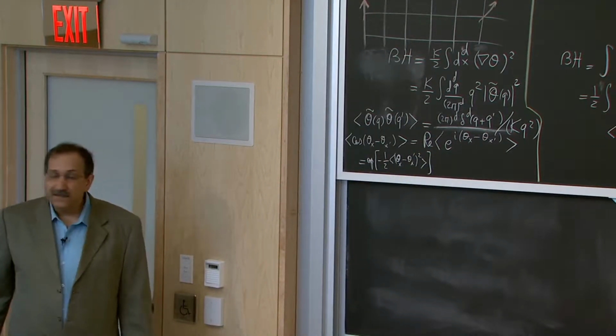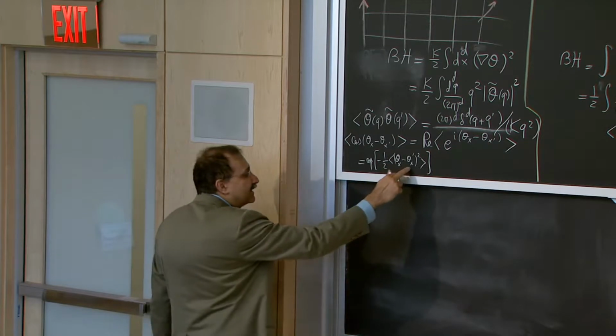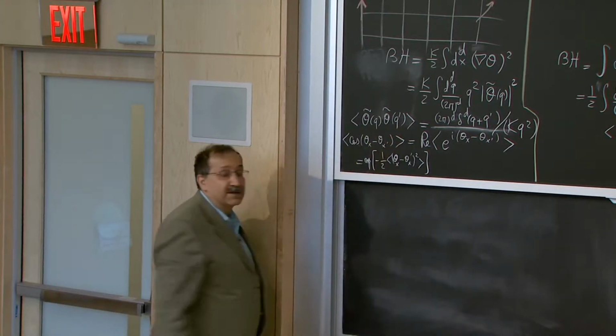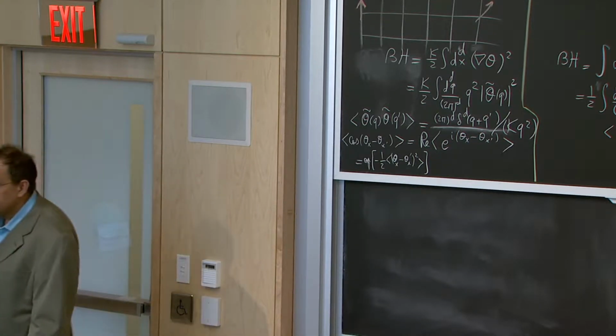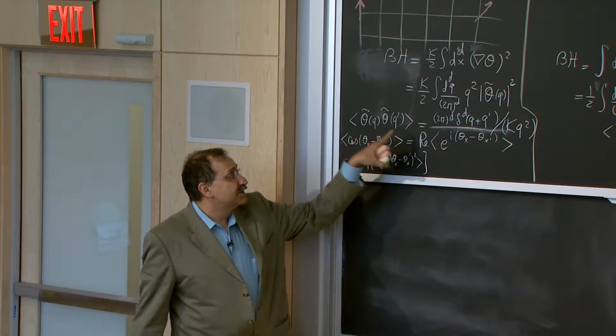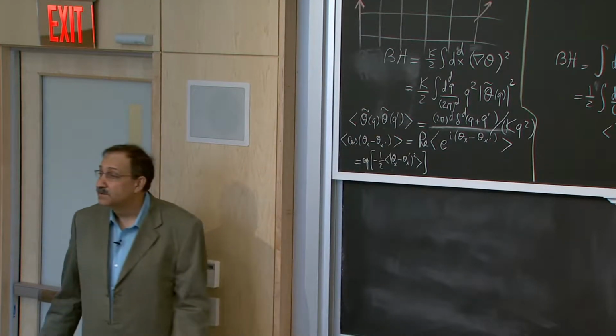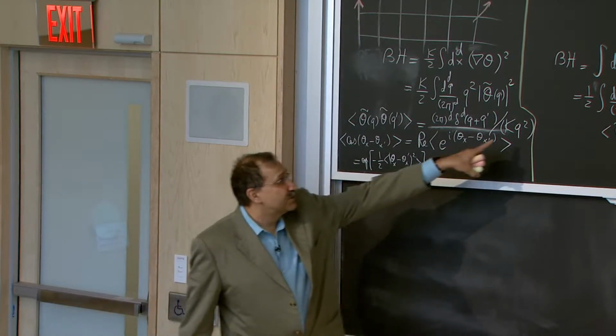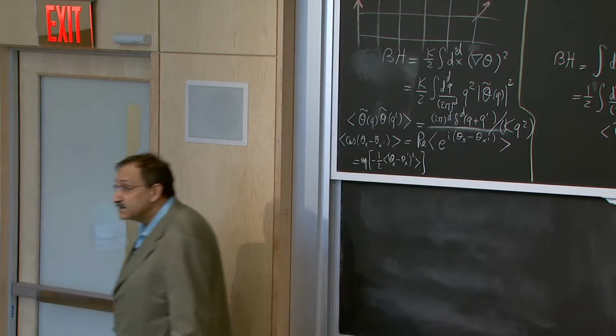So then my task is to replace theta x and theta x prime in terms of these theta tilde in Fourier space. And then this will give me some expectation that involves this average. And when I complete that, eventually I need to Fourier transform 1 over q squared.